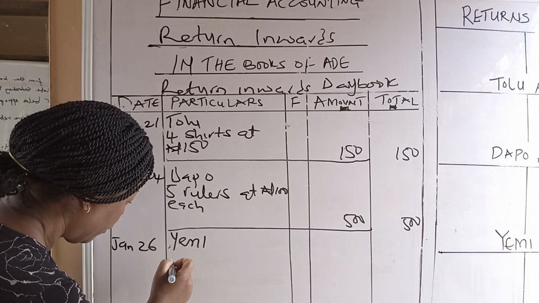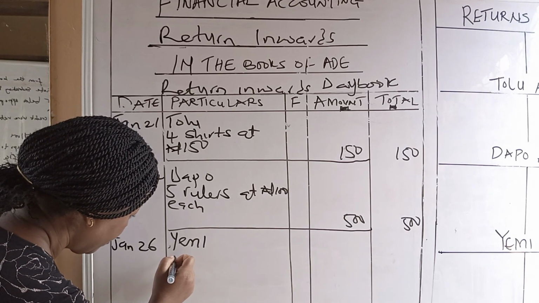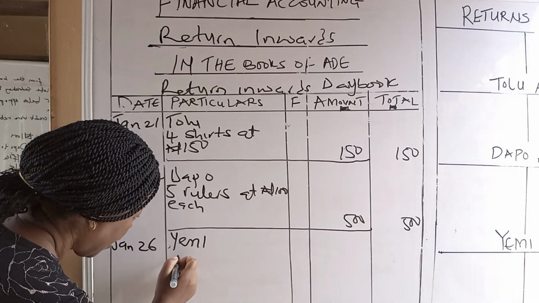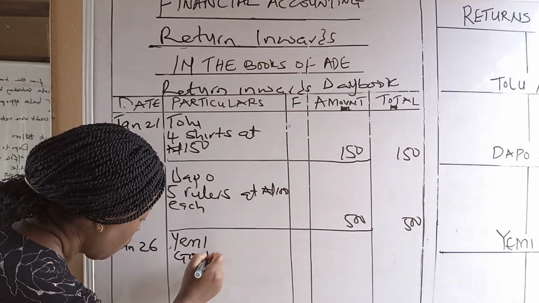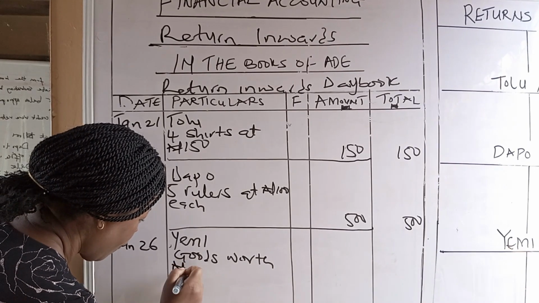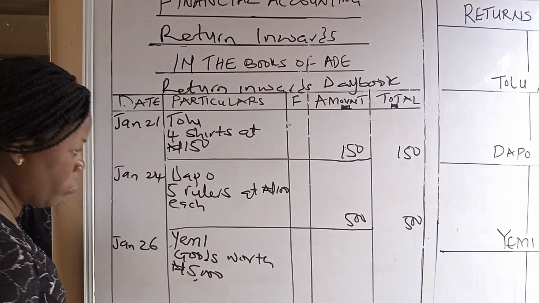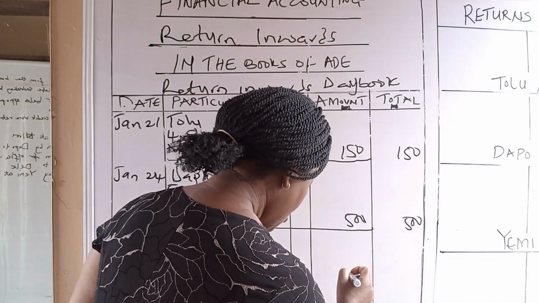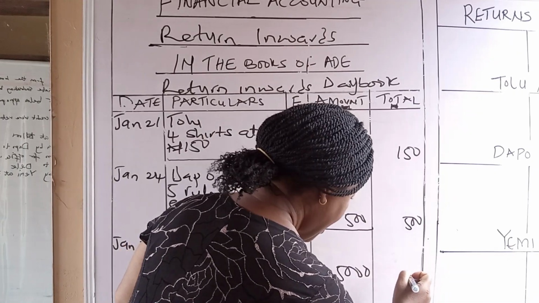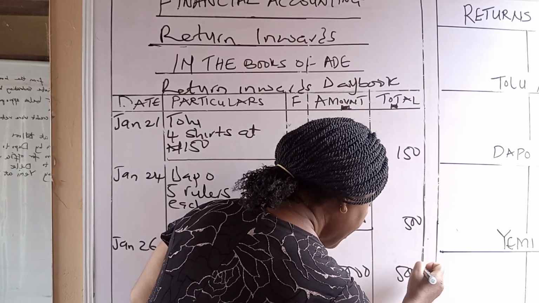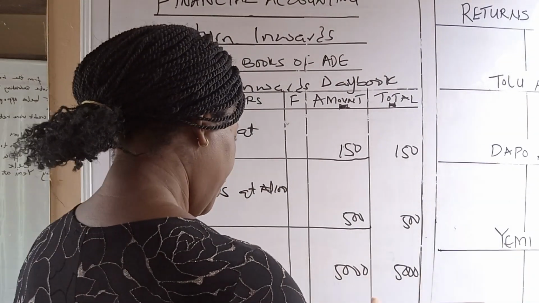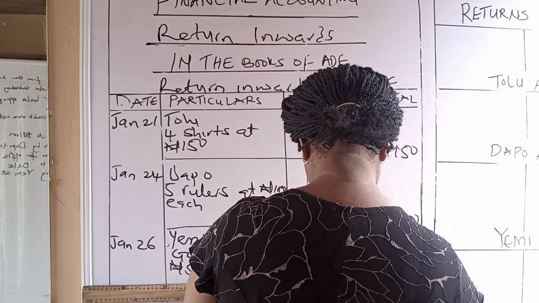In the column for amount, we write 5,000 naira, and also write 5,000 naira in the total column. We must always maintain a proper place value.